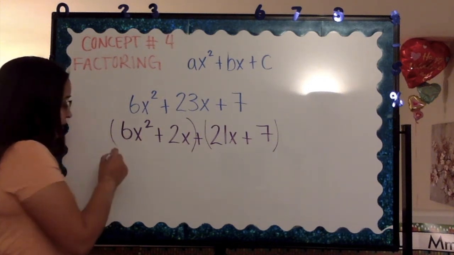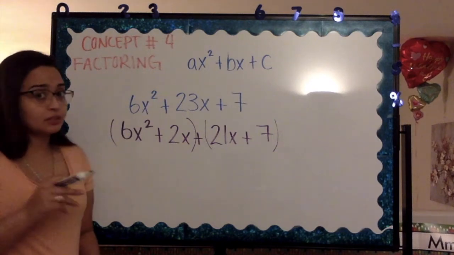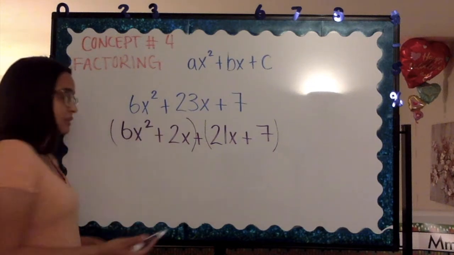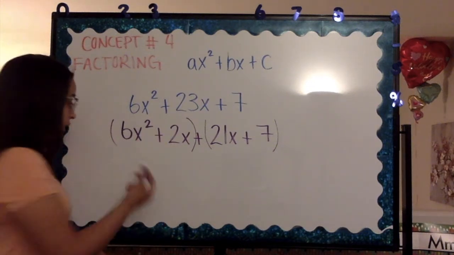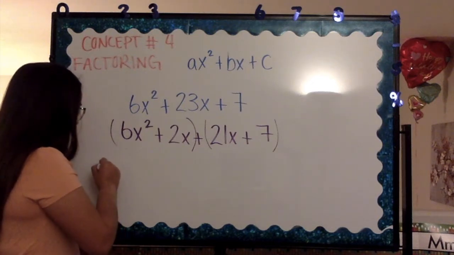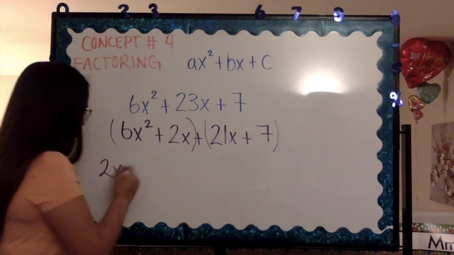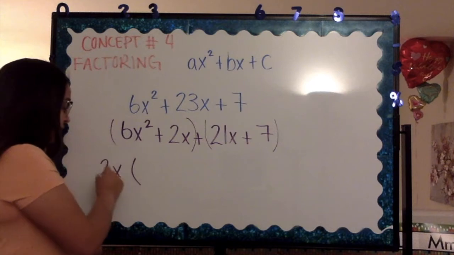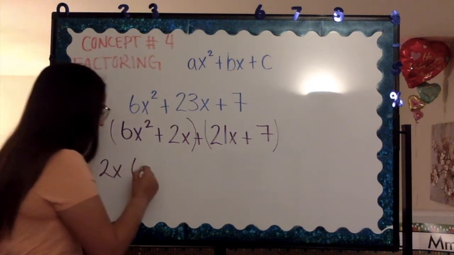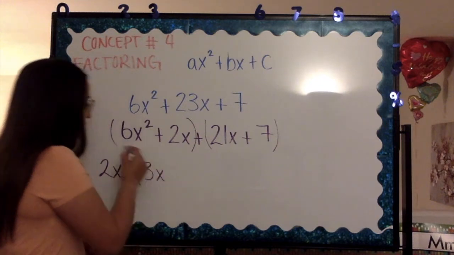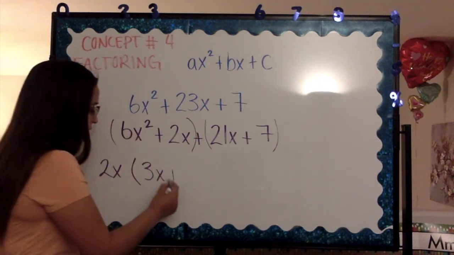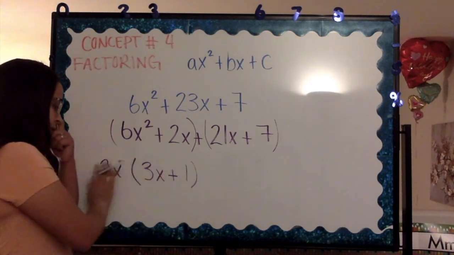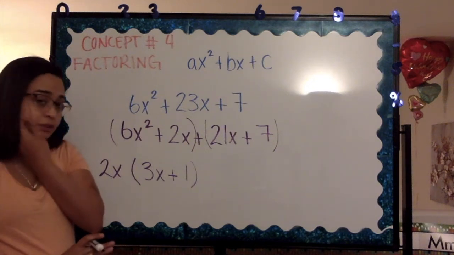So if I factor out 2, I'm not only factoring out the 2, I'm also factoring out the x, because they both have x's. I'm going to be factoring out 2x, okay? Now, by factoring out the 2x, I know if I multiply by 3x, I'll get 6x squared. And if I multiply by 1, I'll get 2x. So that is this expression factored out.